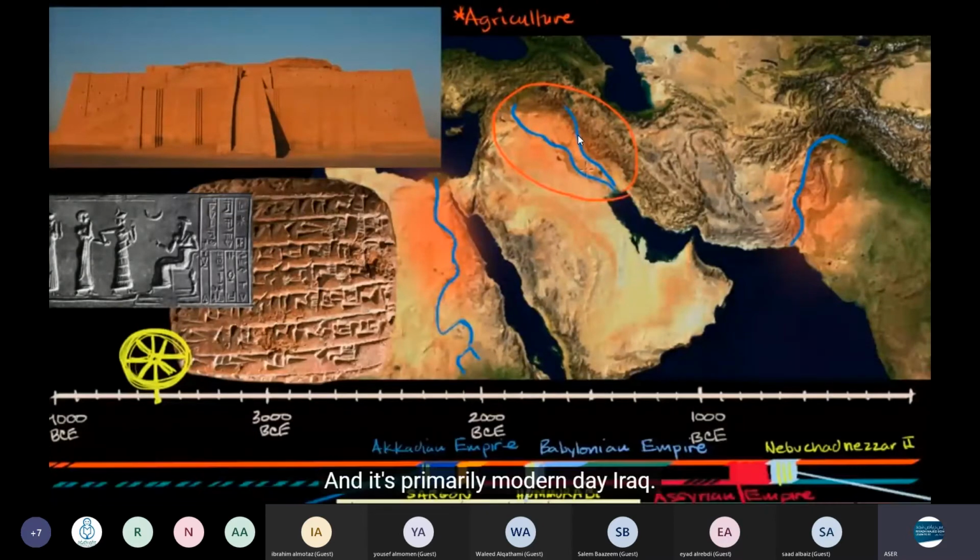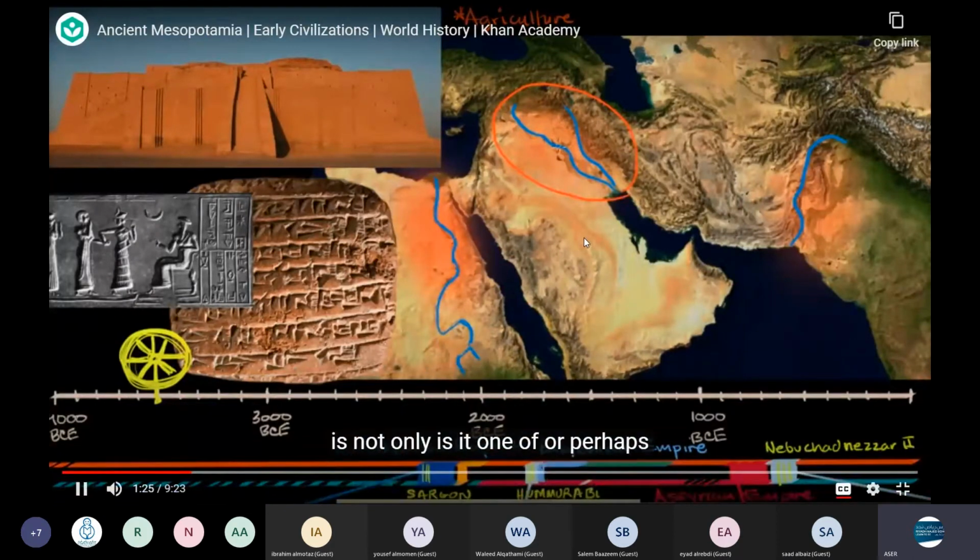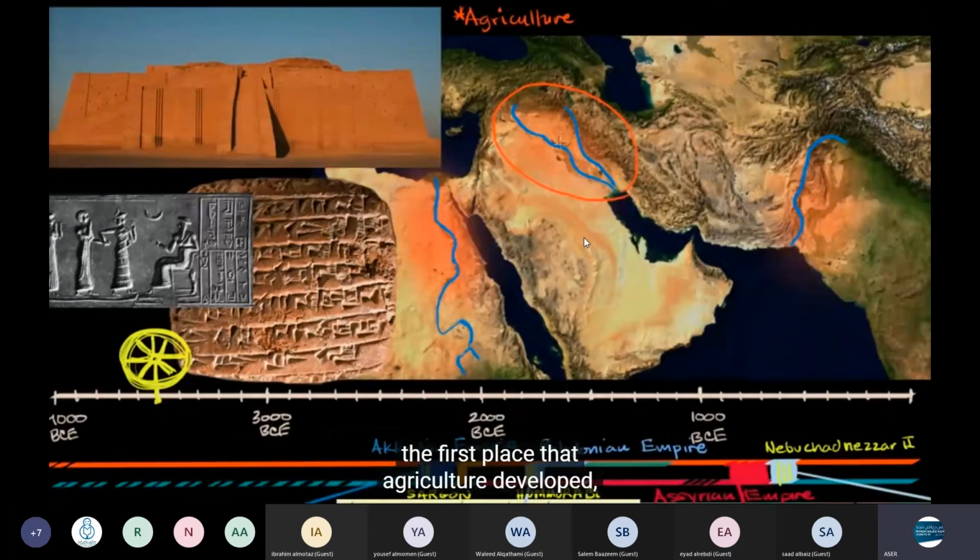Now, the reason why this is particularly interesting, and it's called the Cradle of Civilization, is that not only is it one of, or perhaps the first place that agriculture developed, it was at the crossroads of many other early civilizations. Notice it's right in between the Indus Valley civilization here, and the ancient Egyptians, and other civilizations that were emerging in the area.